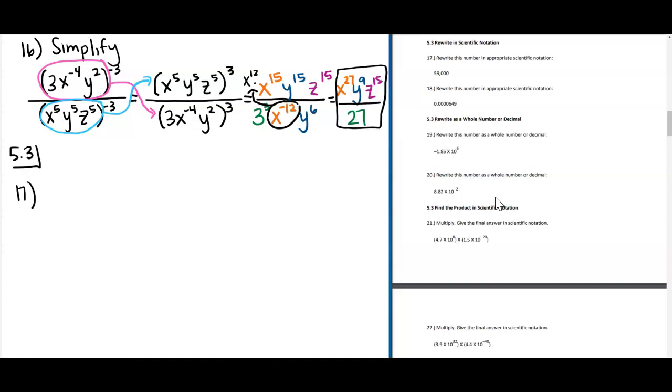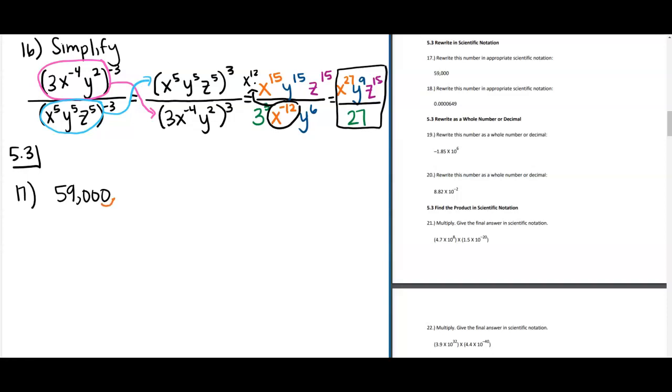Number 17 says that we're going to take the number 59,000 and write it in scientific notation. Well, remember with scientific notation, we said that our decimal on this number in standard form is at the very end of it. It's furthest to the right there.